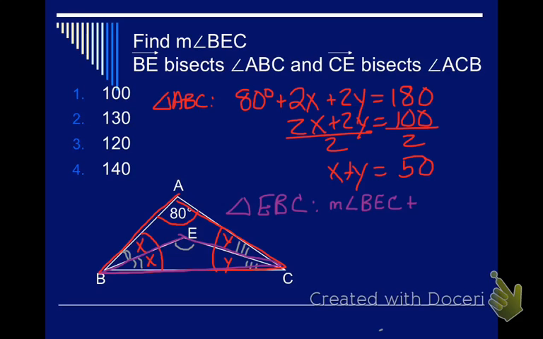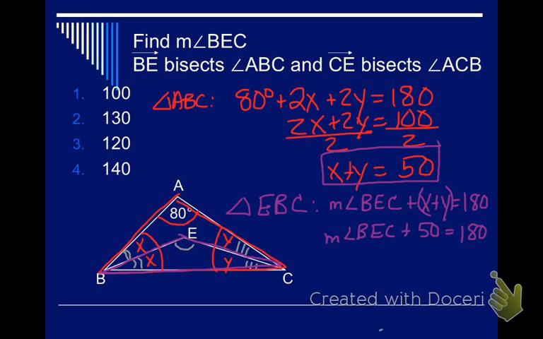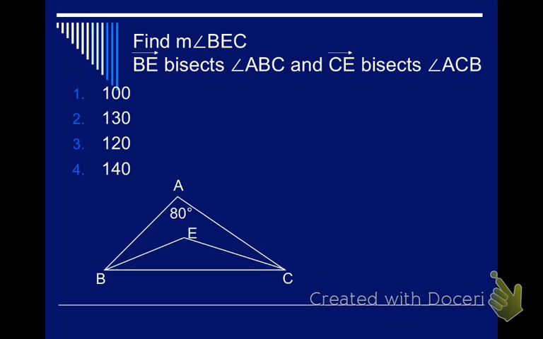But included in that triangle is an x and a y, and if we add those together with angle BEC, we get 180. We actually just solved for what x plus y is. So angle BEC, which we don't know, plus x plus y, which is 50, equals 180. Now we can subtract 50 and we've got our final answer. It's a 130-degree angle.